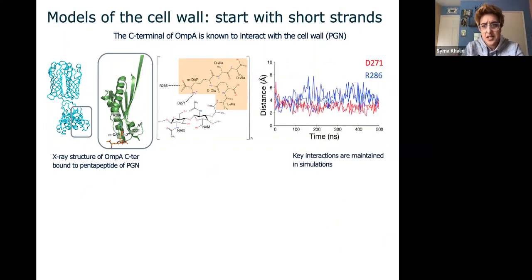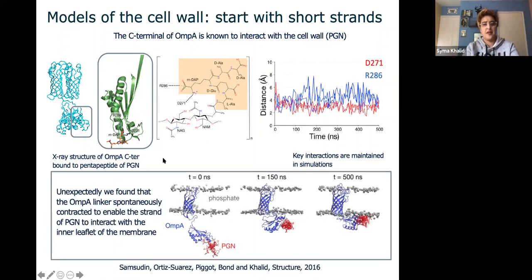And we ran some simulations. In particular, the crystal structure showed 2 salt bridges, so 2 electrostatic interactions between the protein and the cell wall. And as we ran our simulations, we found those interactions were very, very stable, which gave us some confidence that the simulations were accurate and we were binding the protein in the correct regions.